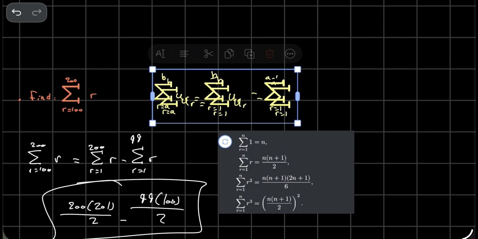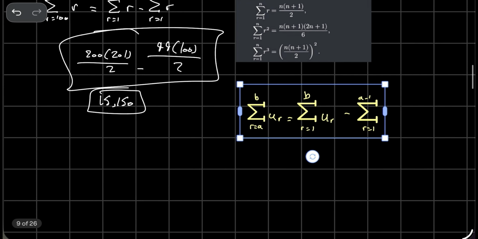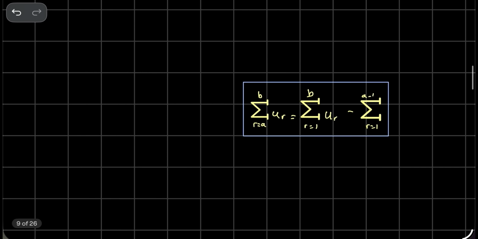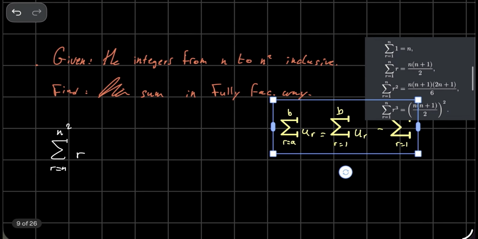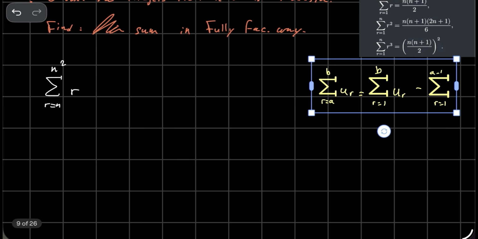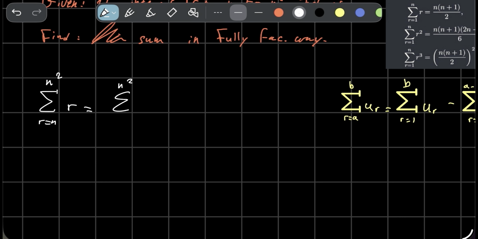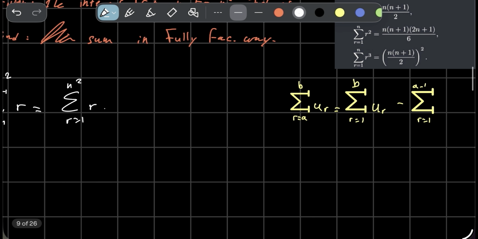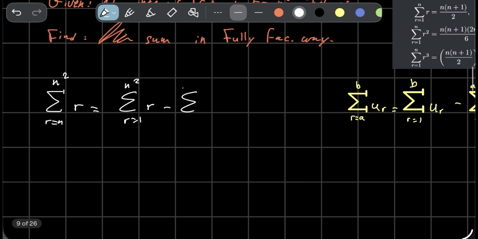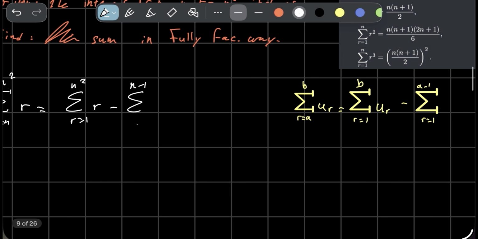We shall keep it in front of us so we can see what's going on. So it's the sum of r from 1 to n squared minus the sigma of a minus 1, meaning r from 1 to n minus 1, of r.